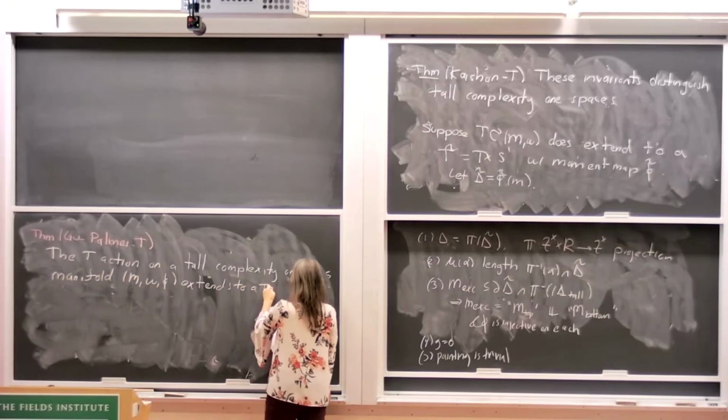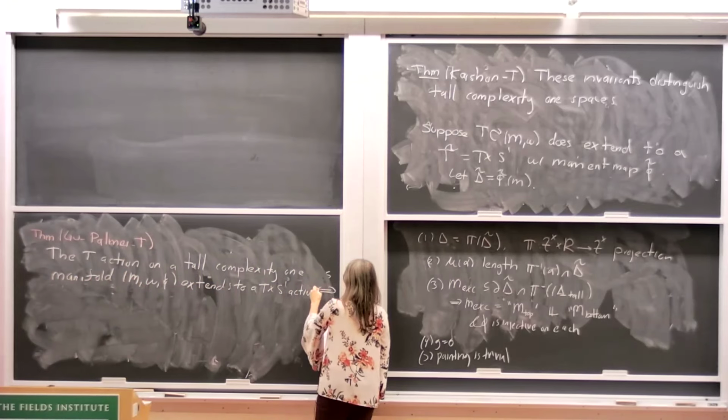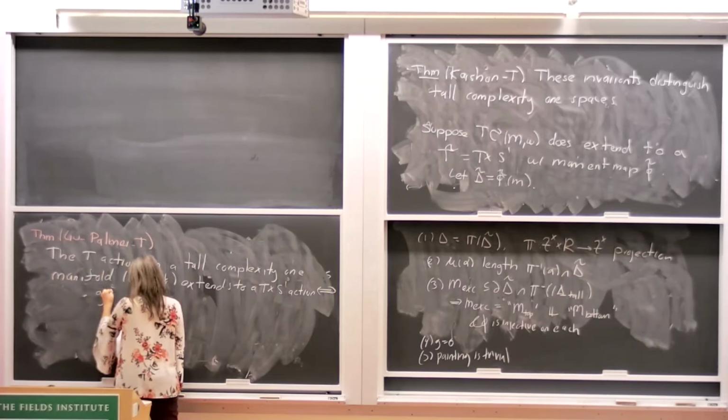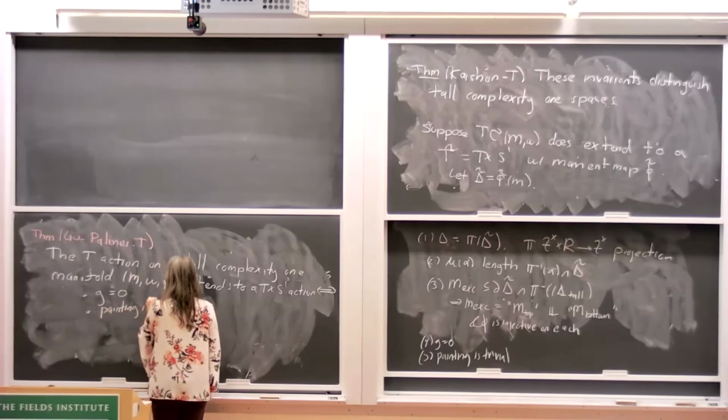to a T cross S1 action if and only if, well, there's two conditions we know we need: that G is equal to 0, and that the painting is trivial.